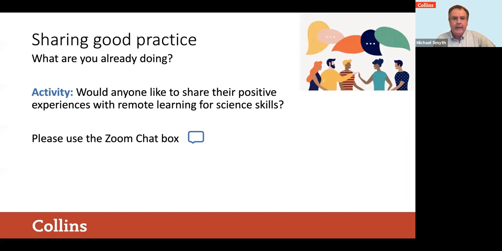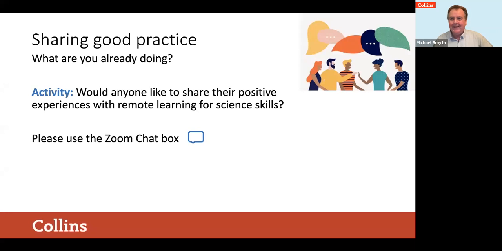Just going back to the simulations, actually, those can be really good, particularly at lower secondary, even if you have access to a classroom and a laboratory, because, for example, in lower secondary, there's part of the curriculum that deals with frequency, amplitude, pitch of sound, things like that, and you may not have access to an oscilloscope and a signal generator, so the equipment to do that.